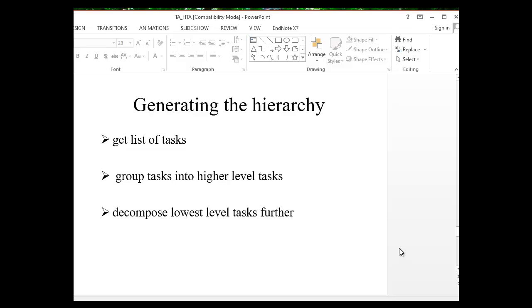Finally, decompose the lowest level tasks further. So write down the tasks the user or customer wants to perform, then divide the tasks into a higher level, a second level, and a third level, and if you can, divide the levels further into sub-levels.